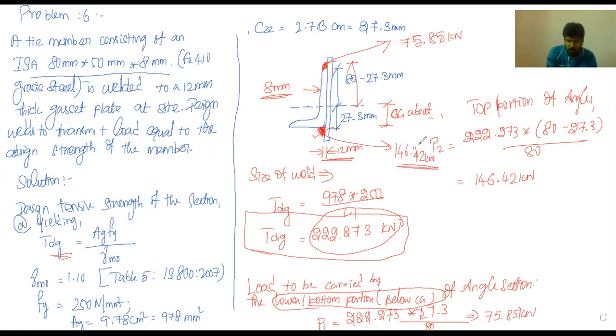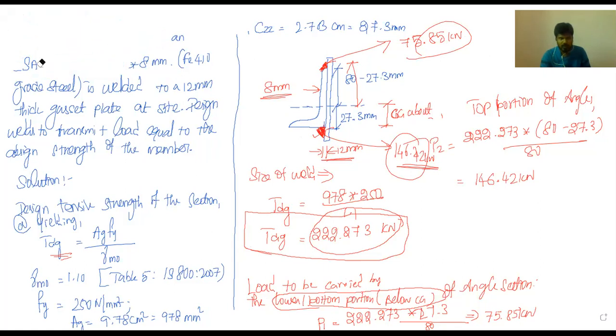So corresponding to this force, what is the length of weld we have to give? And corresponding to this load, what is the length of weld we have to give at the bottom? So these things we have to calculate now. So now I will rub this side, okay?